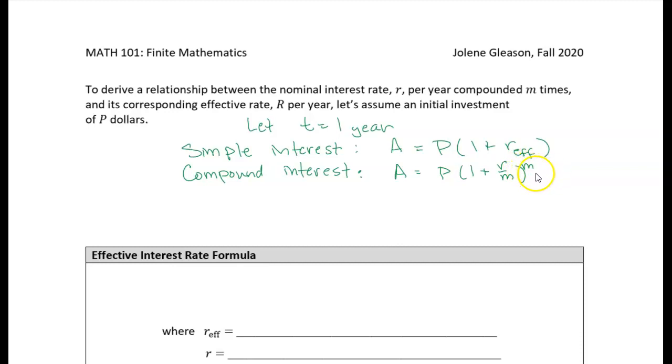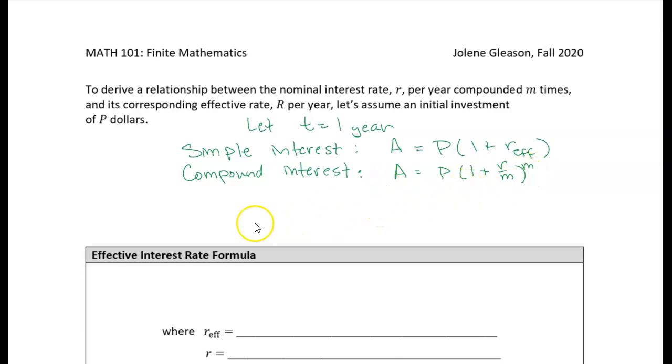T is 1 still, right? We said let T equal 1 because that's the definition of the effective interest rate. And what we're going to do is just set these amounts equal to each other, because the effective interest rate is the simple interest rate that would give you the same amount in 1 year as the nominal rate over 1 year with M compounding periods.